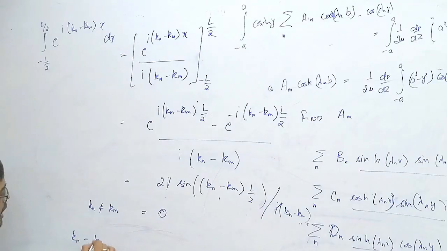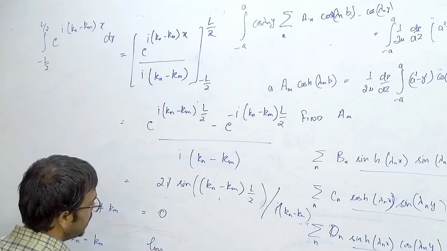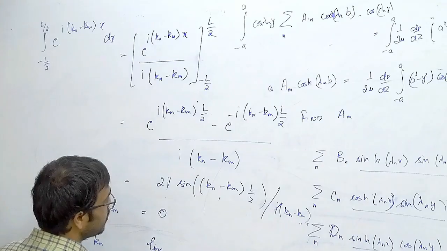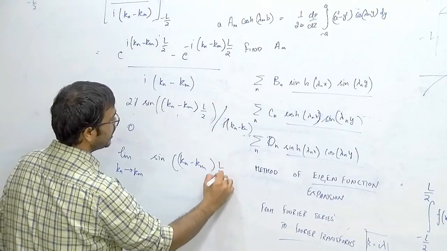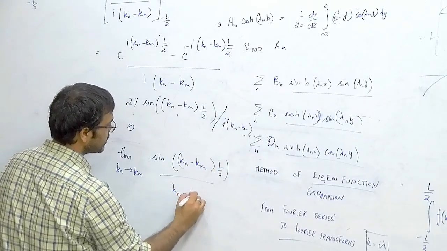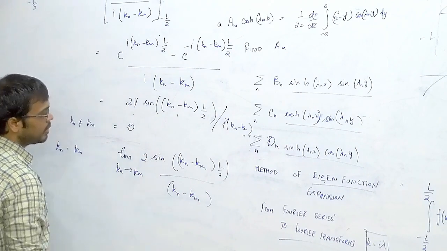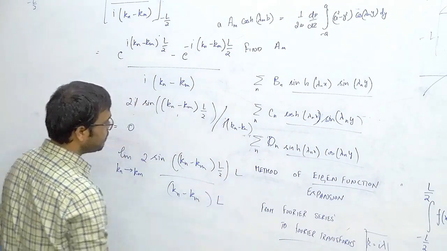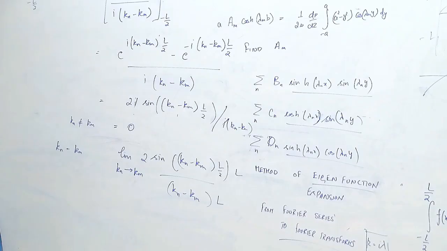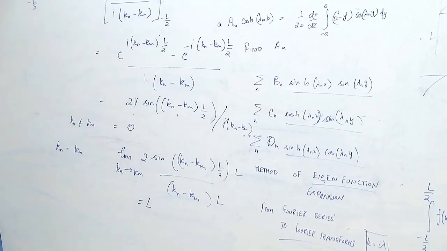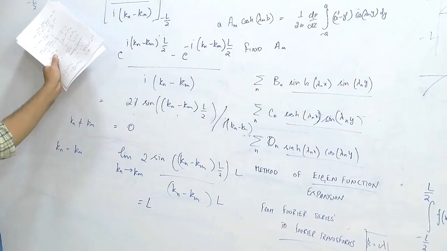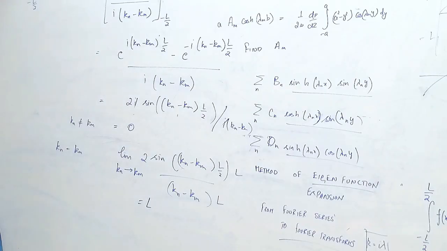When kn equals km, you can evaluate this in the limit kn goes to km of sine of kn minus km times L by 2 over kn minus km. There is a 2 here, so you can multiply and divide by L. What is this limit now? This is equal to L. So when kn is equal to km, this integral is equal to L. When kn is not equal to km, this integral is 0.